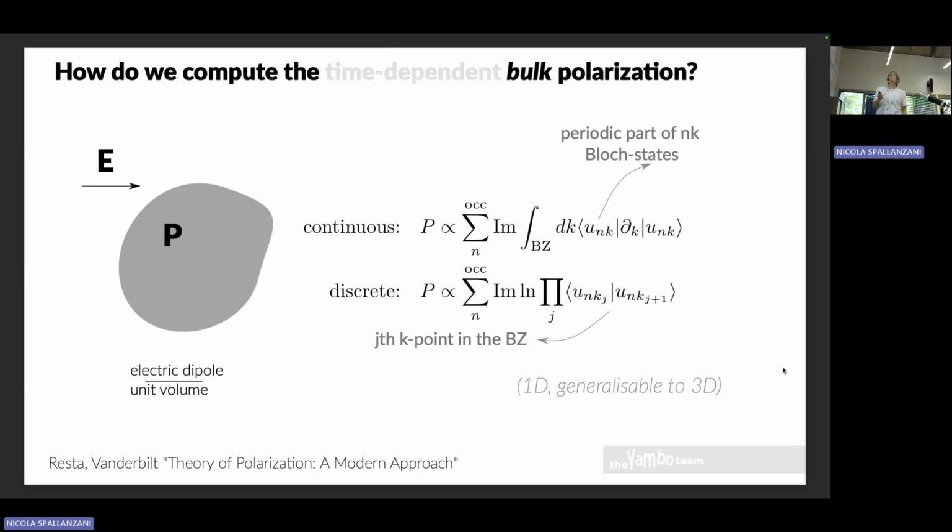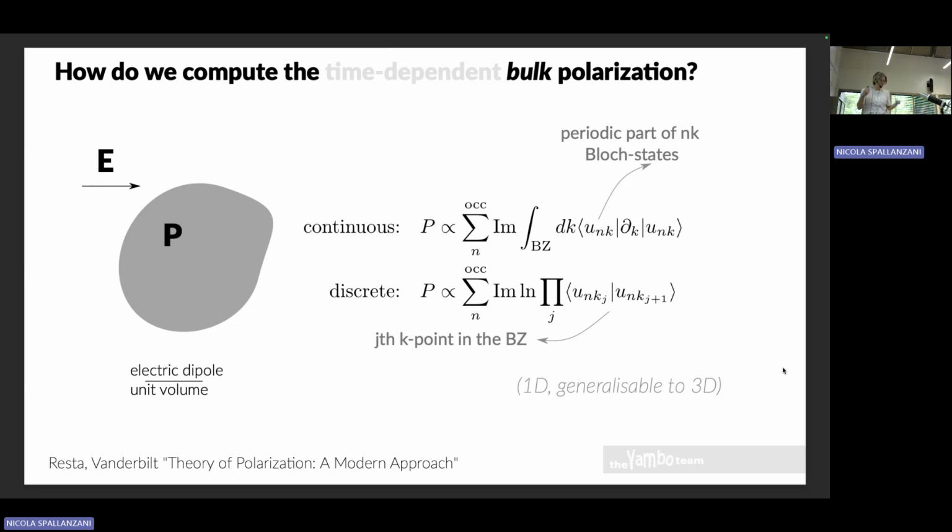The polarization is taken as the integration over the Brillouin zone of this object here. It may seem a bit strange, but actually it can be seen as a dipole, just a generalized dipole moment.